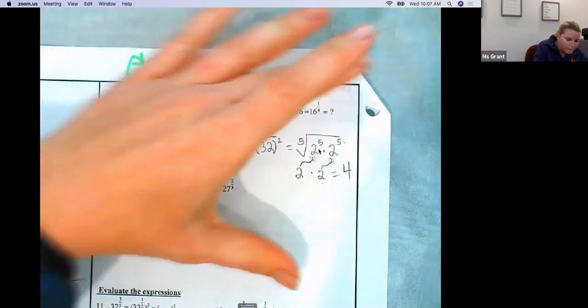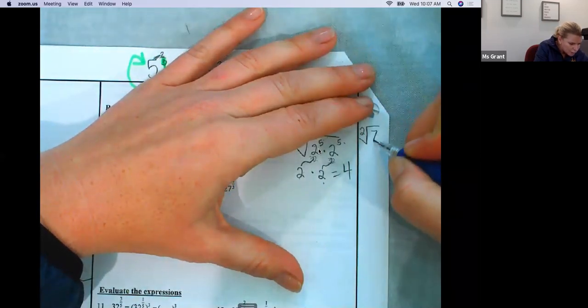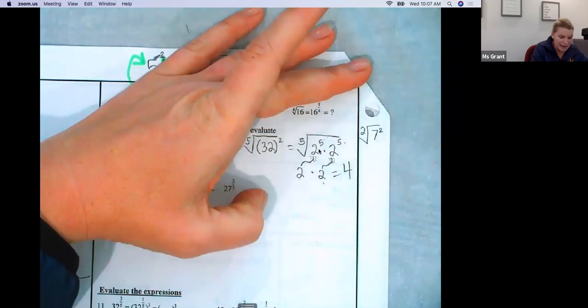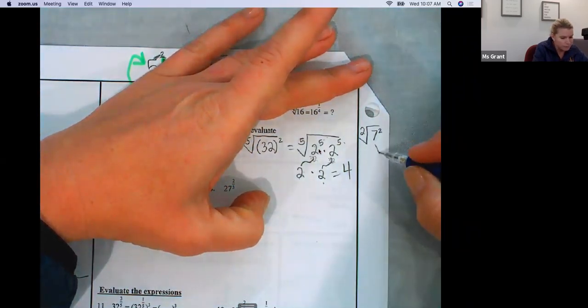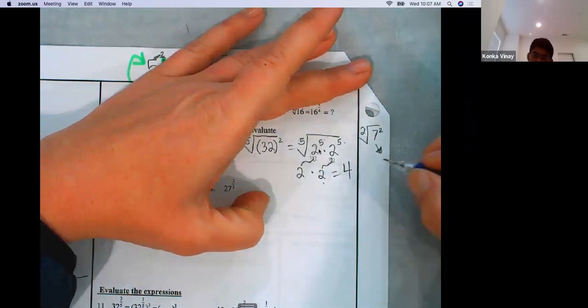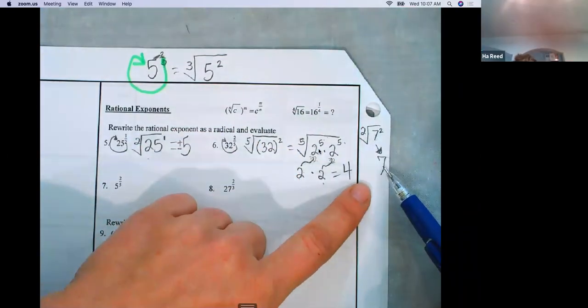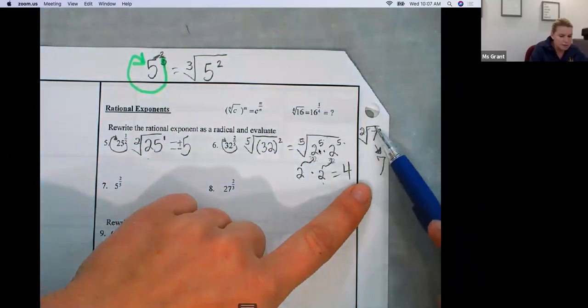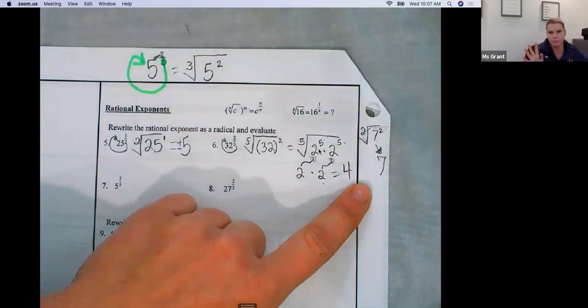Like what is the square root of 7 squared? What would you say the square root of 49 is? What's the square root of 7 squared? I'm asking you. 7. So the 2's cancel each other out and the number comes out alone without a square root. Comes out alone.